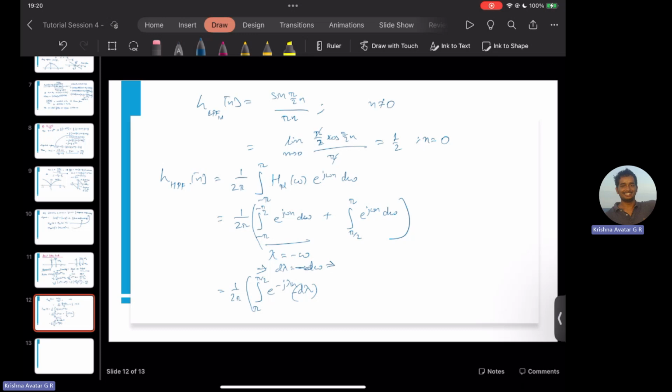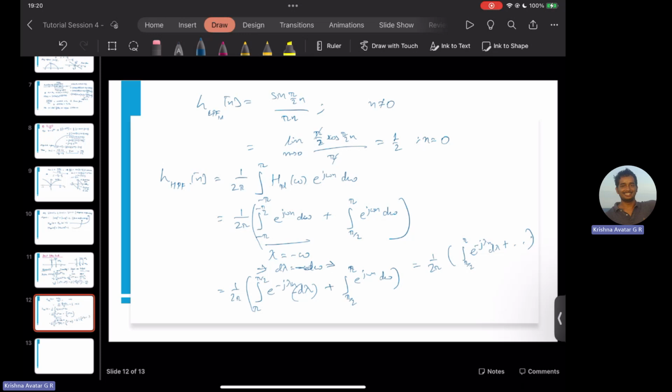So we are essentially making all these manipulations here, and this goes from pi by 2 to pi, e to the power j omega n d omega. And this here simply becomes 1 by 2 pi. And recall that minus of a definite integral just changes the order of limits. So you can write it as pi by 2 to pi, e to the power minus j lambda n d lambda, plus the rest.